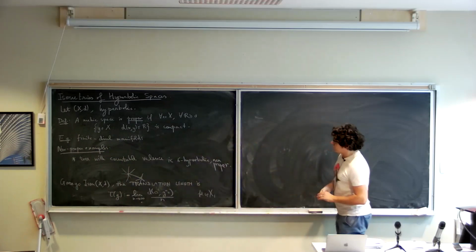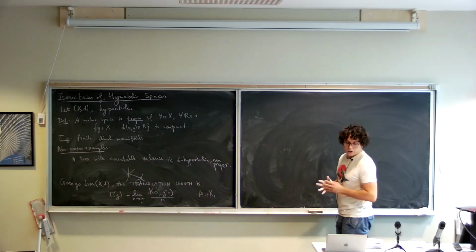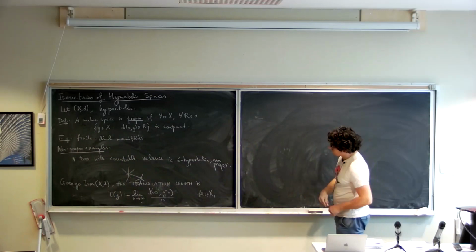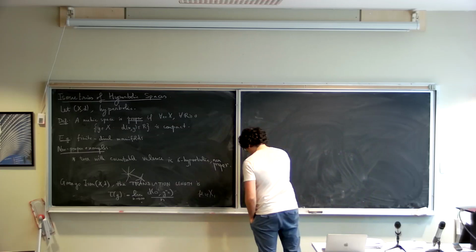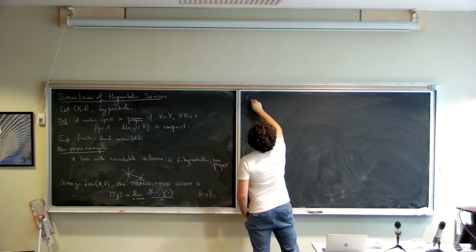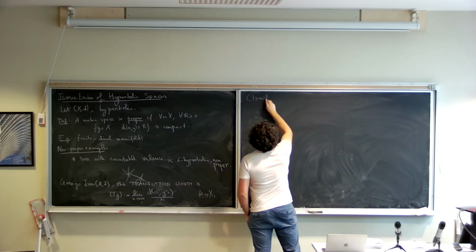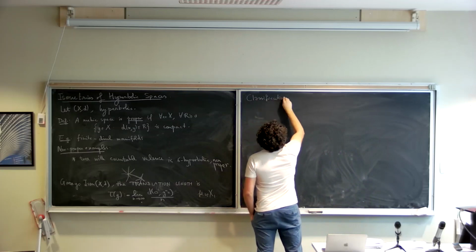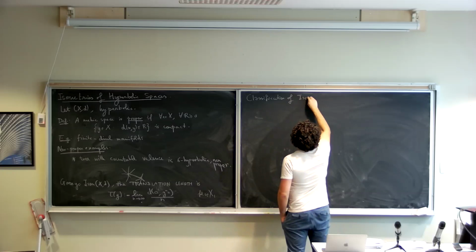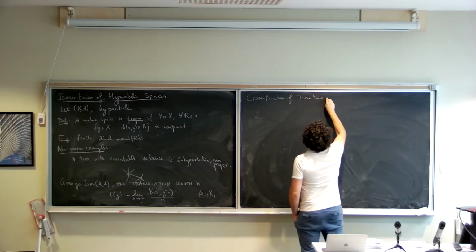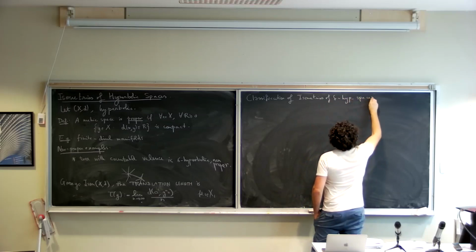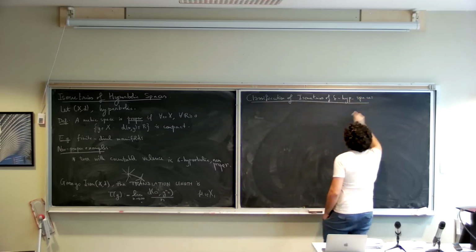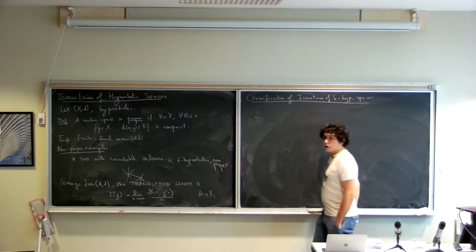And once you look at that, then we look at the classification of isometries of delta hyperbolic spaces. Like the classification of elements in PSL2R, this is a generalization.